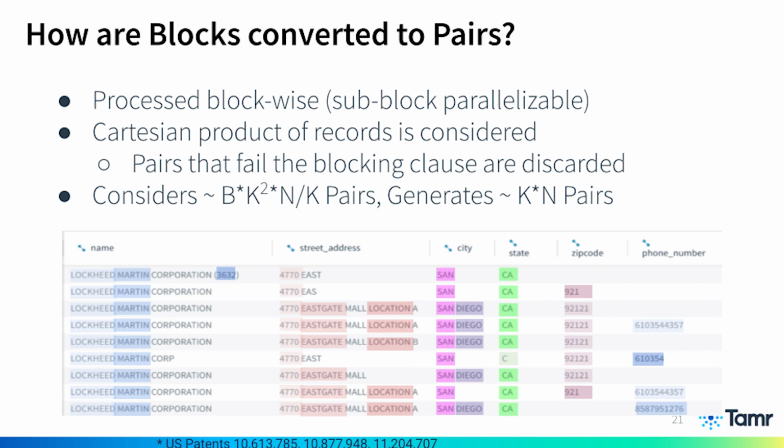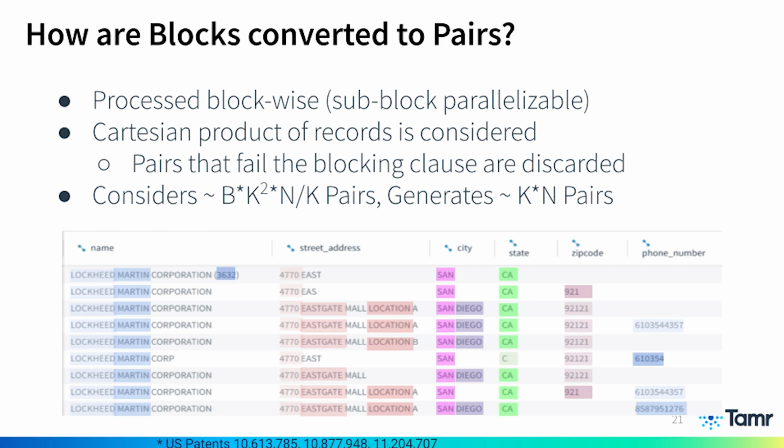Once we have identified blocks, we've assigned blocks to records, we have stored those, we now process blockwise. This is why it's important to be able to retrieve the data in block order. We're now going to retrieve blockwise and process each block to identify first all pairs in the block, but keep in mind the width of those blocks is greater than what is strictly specified in the blocking model.